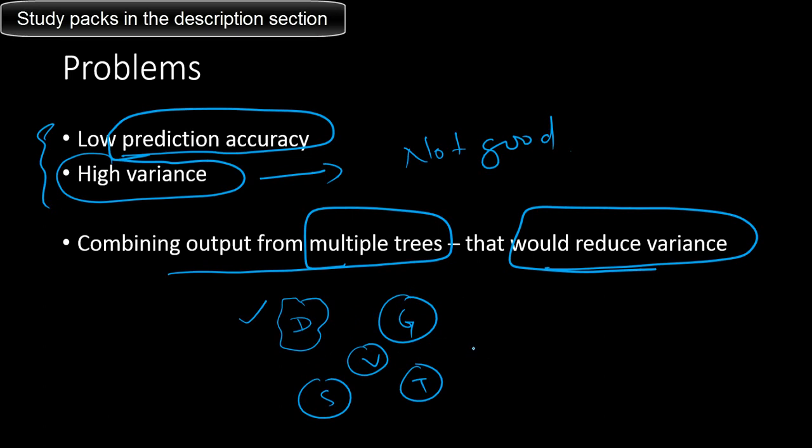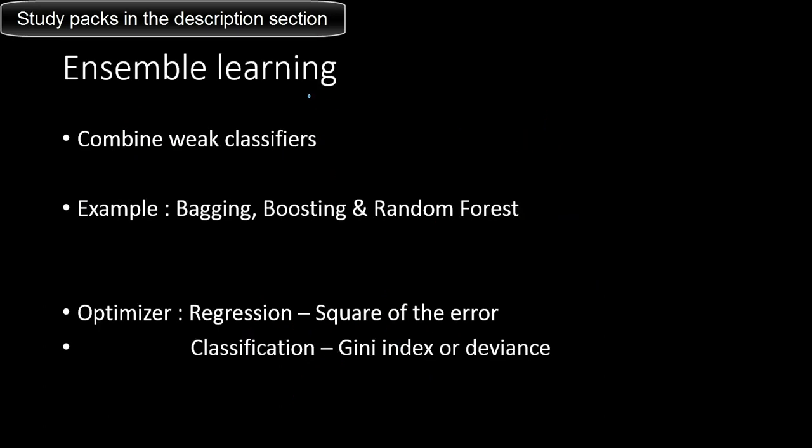So that is the idea behind ensembles. You build different models and combine them to ensure that the prediction accuracy is higher than a single model. So that's nothing but ensemble learning. The idea is to combine weak classifiers, a single classifier, a single decision tree.